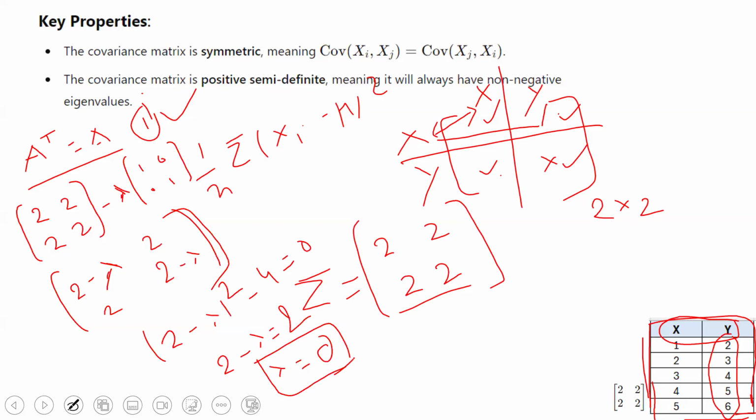The square root of 4 is plus or minus 2.